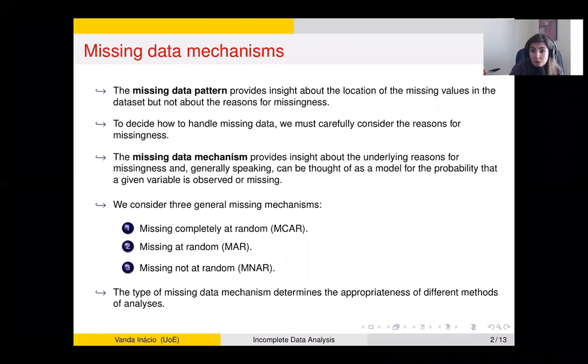And this leads us to the concept of missing data mechanism, which provides us insight about the underlying reasons for missingness. We can think about the missing data mechanism as a statistical model for the probability or chance that a given variable is observed or missing.